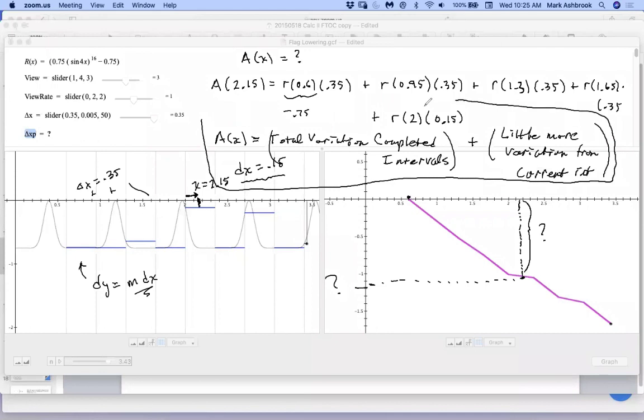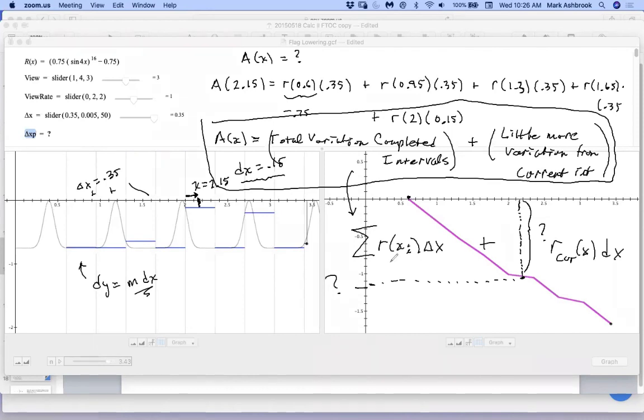The approximate accumulation function: we're going to sum up all the total variation from completed intervals, and we're going to use summation for that, plus a little more accumulation from the current interval. So it's going to be the sum of a bunch of rates, the left-hand rates, times delta x, plus the rate in the current interval, r of cur, times dx, just that partial interval width.